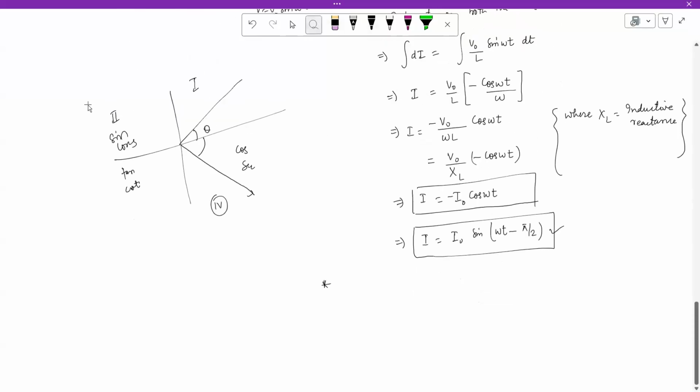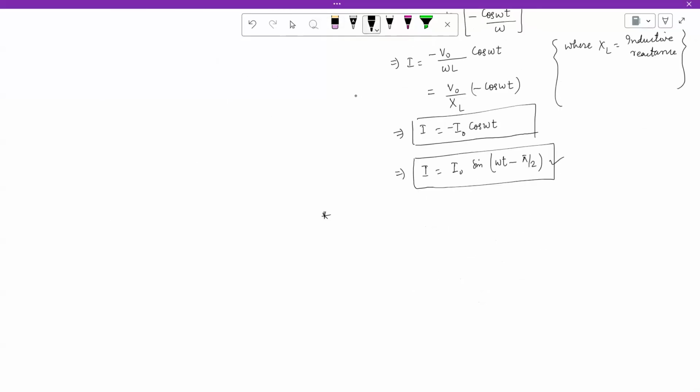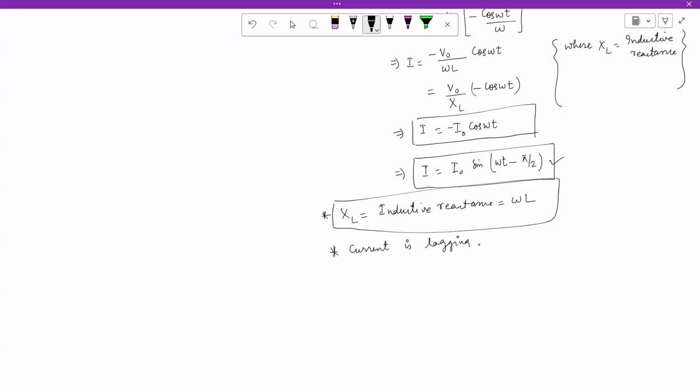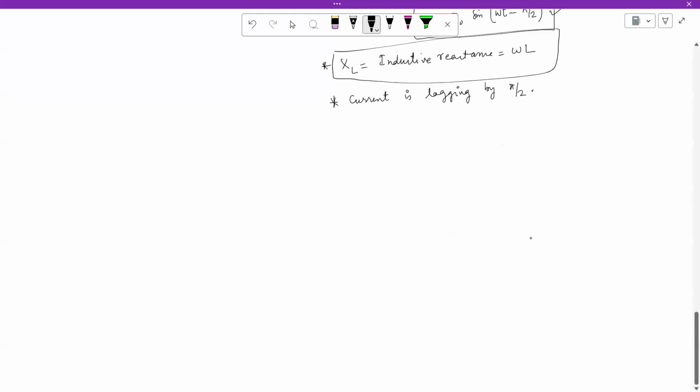Let me erase this part. So the first thing is that we have inductive reactance, which is omega L, and also we have the current lagging by 90 degrees, by pi by 2, right?